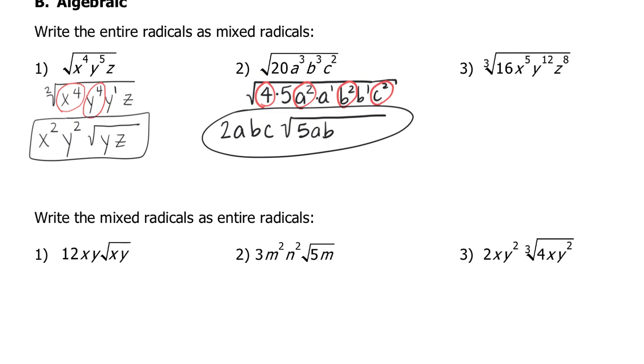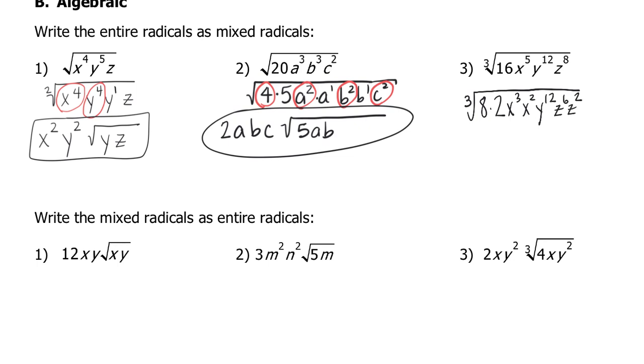Okay, here's a cube root. So in this case, I want to break it into things that are perfect cubes. And for my exponents, they need to be things that are divisible by 3 this time instead of by 2. So this will become 8 times 2, x to the 3 times x to the 2. 12 is already divisible by 3, so I will leave it. And then z to the 6, z to the 2.